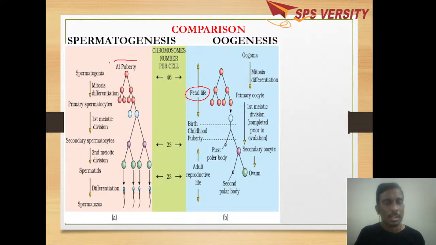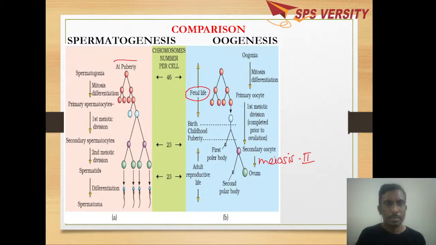The spermatogenesis process starts at puberty stage and continues. Here, the secondary oocyte undergoes meiosis II only after it comes in contact with a sperm, forming the ovum and the second polar body.